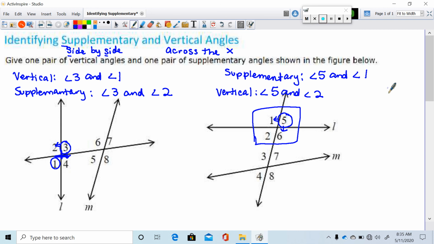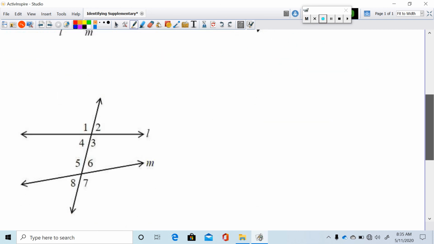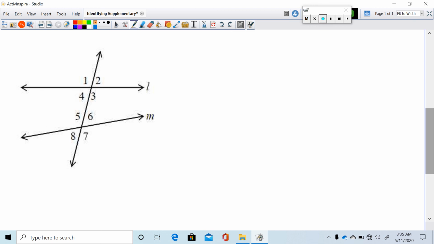Like I said, sometimes it's easier to find the supplementary angles first because then it's obvious which one's the vertical angle. The supplementary angles are side by side. So let's talk about angle 6.